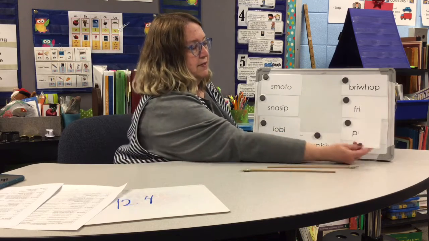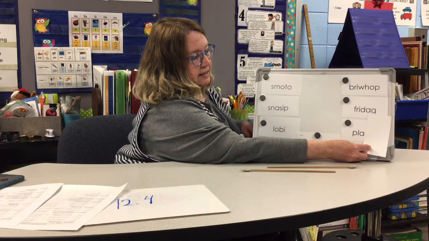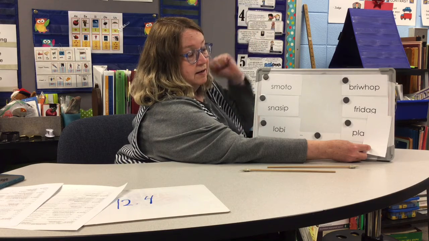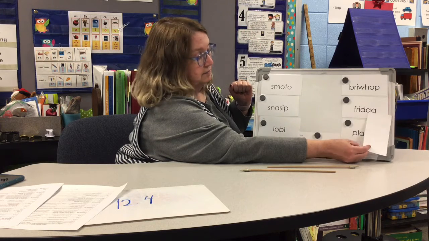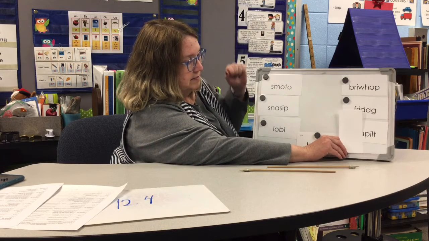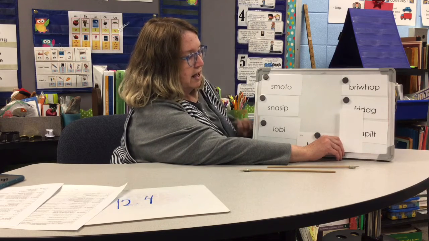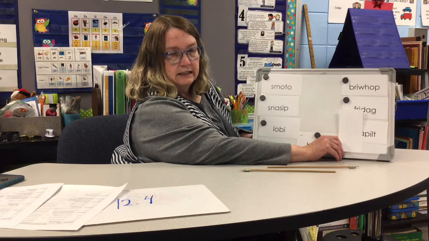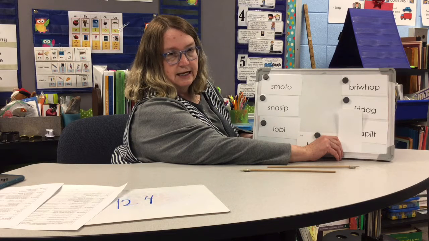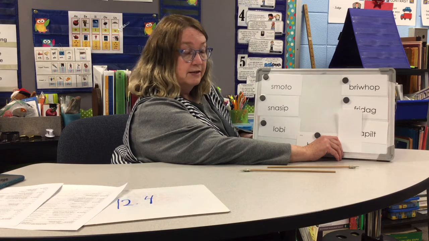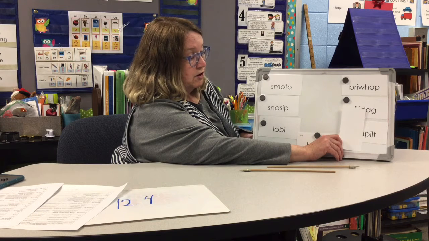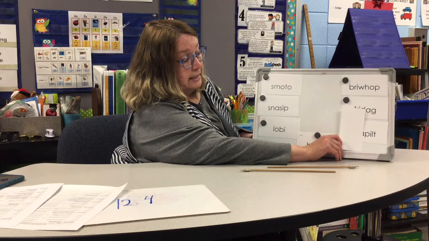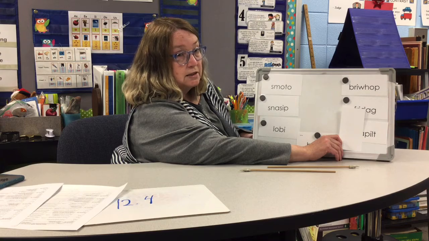Okay, and that leaves us with the first syllable is open, pronounced play. The last syllable is closed, and be very careful of that L and T. Sometimes that's a tricky part to say, so we have to make our mouth say the sounds in the order the letters are. So I would pronounce that pilt, pilt.